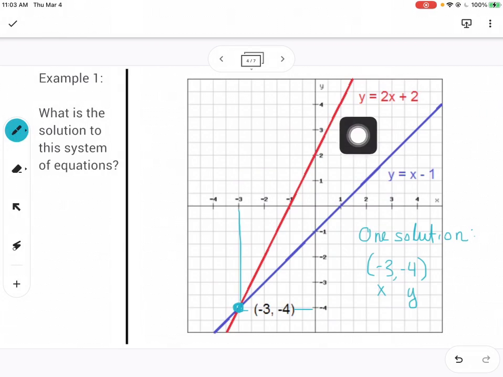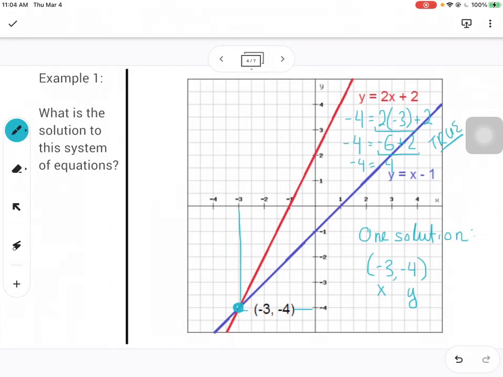Y equals -4, x equals -3, 2 times -3 is -6 plus 2. -6 plus 2 is -4. -4 equals -4. That is true.